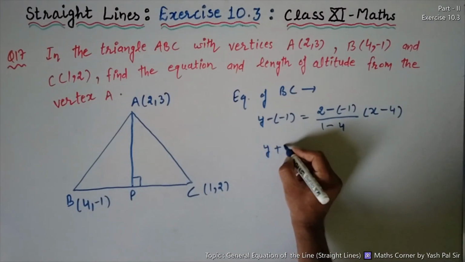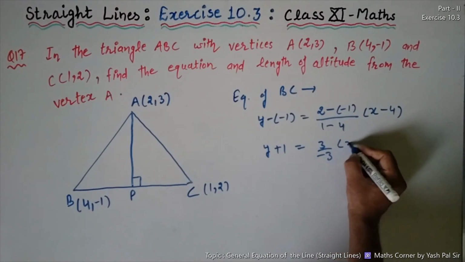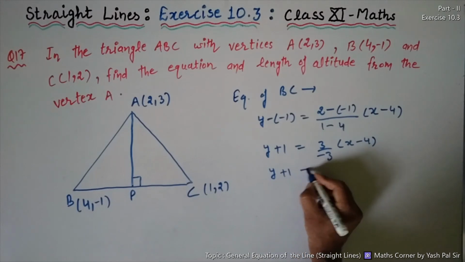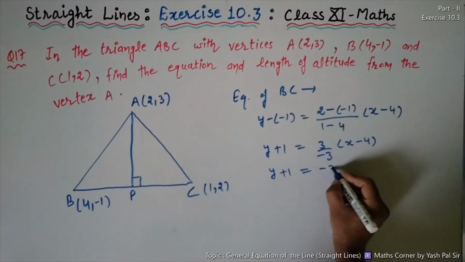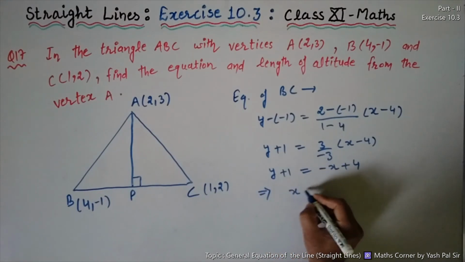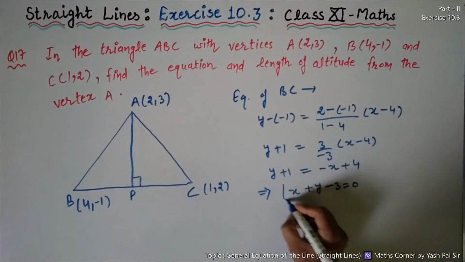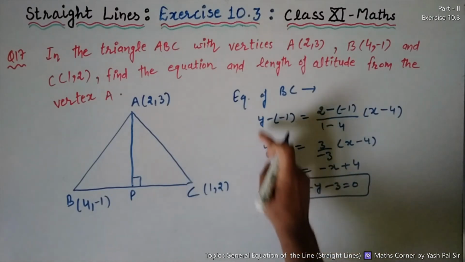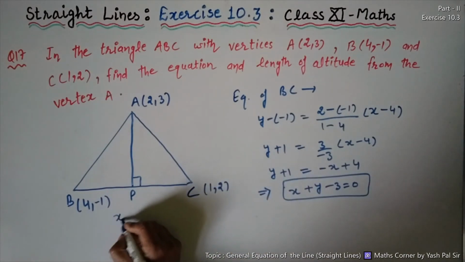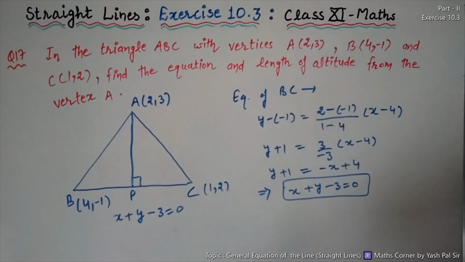That means y plus 1 is equal to 3 upon minus 3 into (x minus 4). That is y plus 1 is equal to minus x plus 4. So we can say x plus y minus 3 is equal to 0 is the equation of side BC.